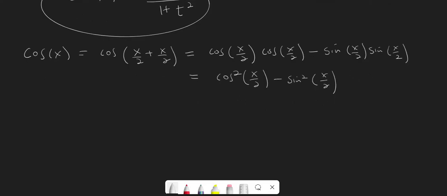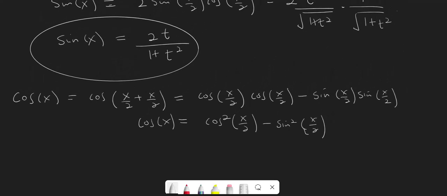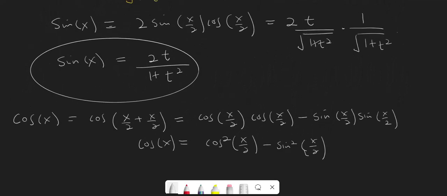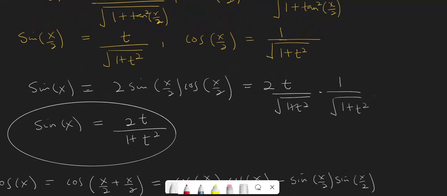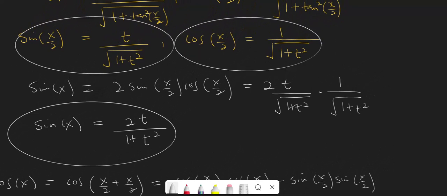Right, so this is our cosine x. But we already found cosine x over 2 and sine x over 2 in terms of t. We did that in yellow, which sine x over 2 is this, cosine x over 2 is that.